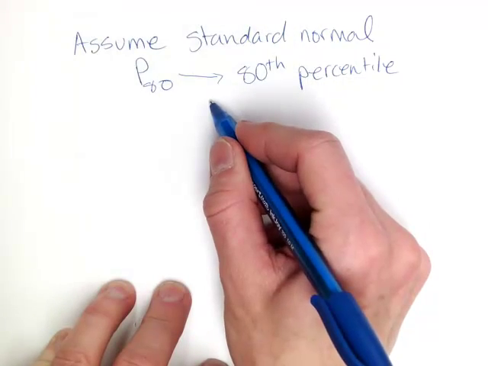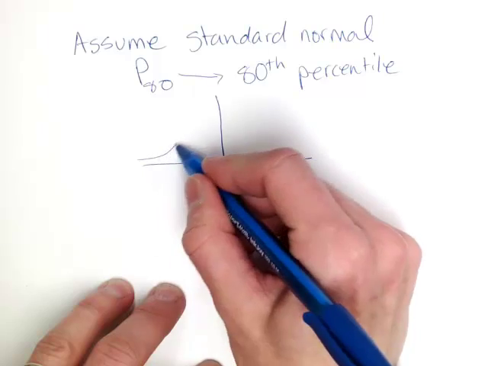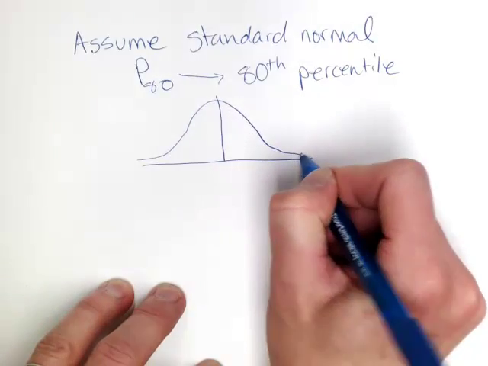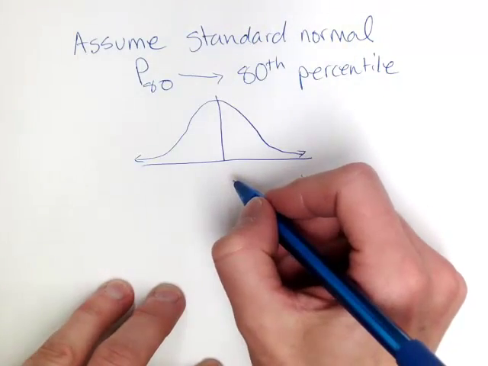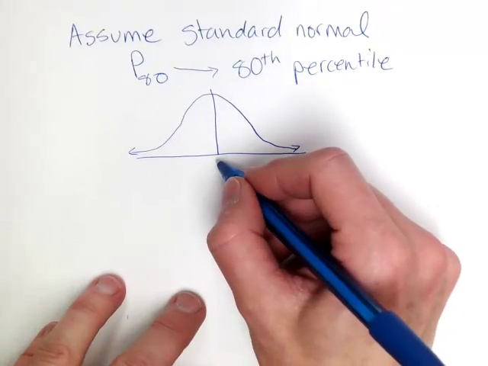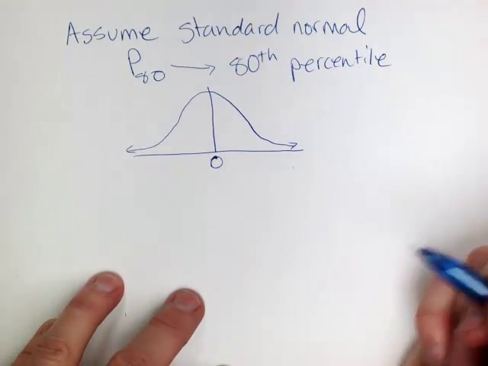Since we're working with standard normal in this case, I'm going to sketch a standard normal. Now I'm working without a net here because I'm writing in pen, so hopefully I won't make too many mistakes. And I'm going to put 0 in the middle.